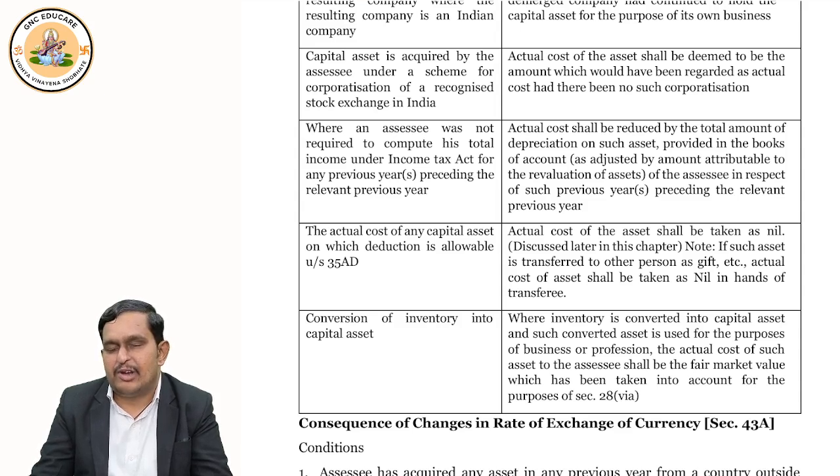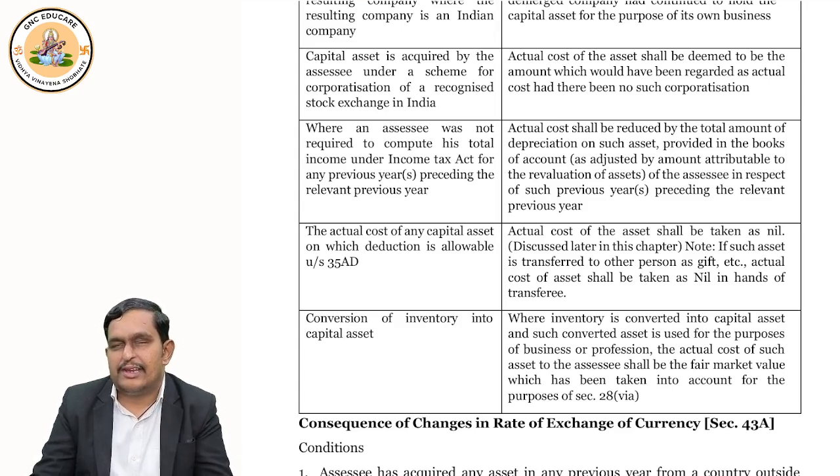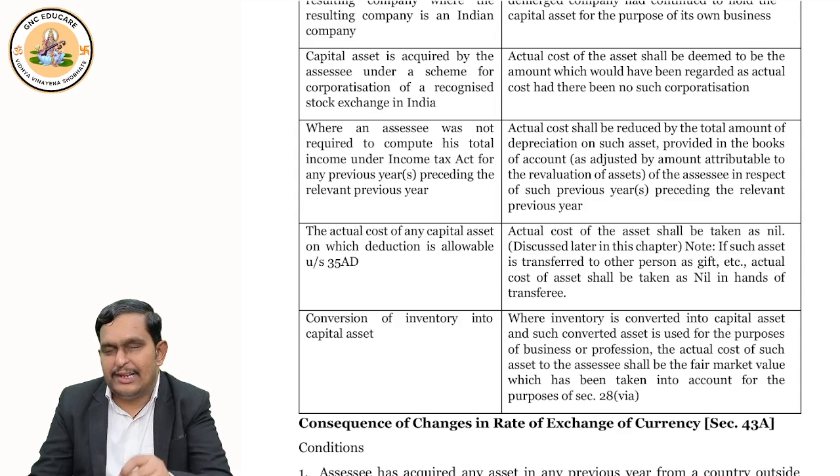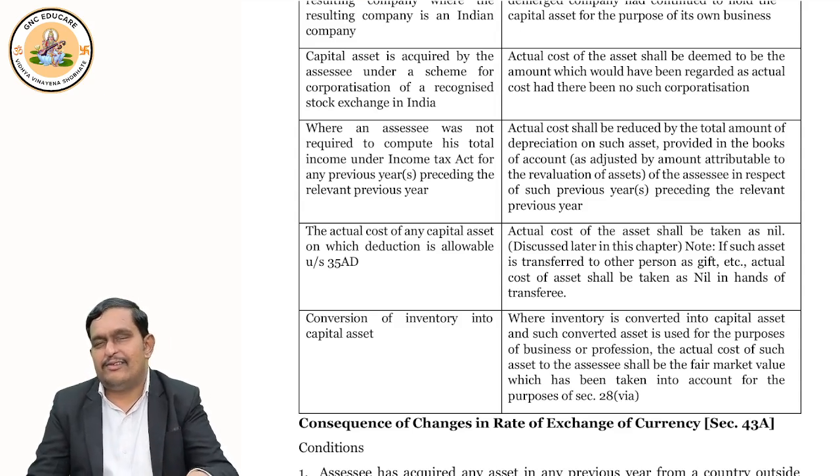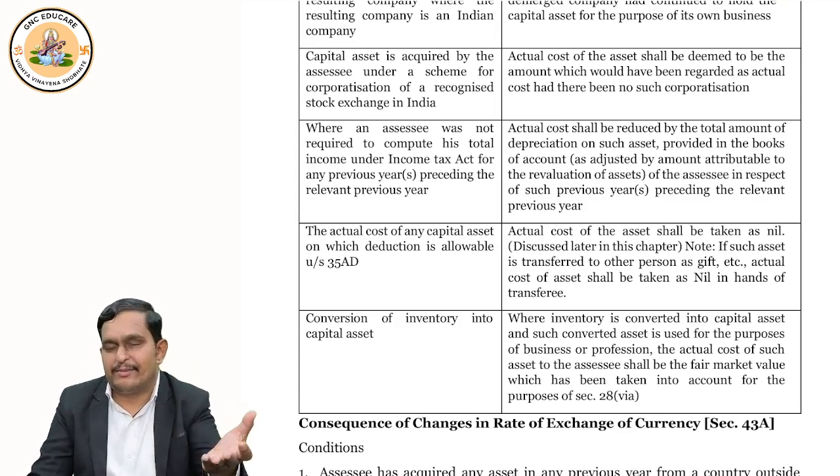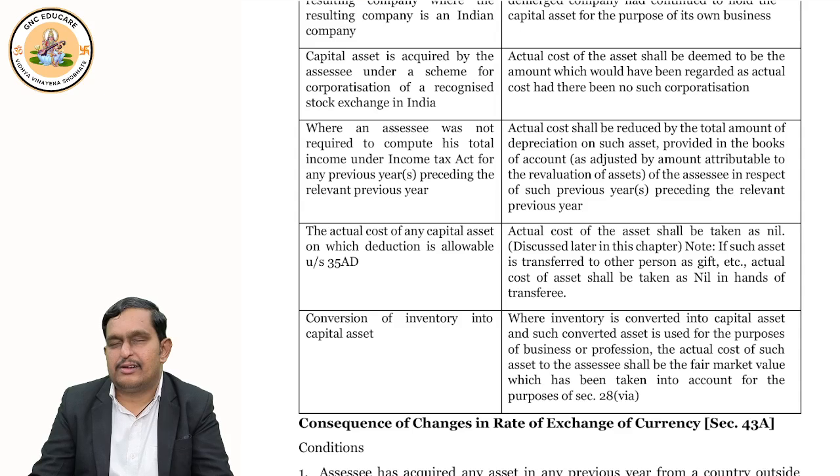If somebody did not file income tax returns in the past because he was not required to, and started filing returns now because his income became taxable, then he takes the cost of purchase of the assets minus depreciation for the years he used it, and the WDV that comes becomes the cost for the purpose of income tax.